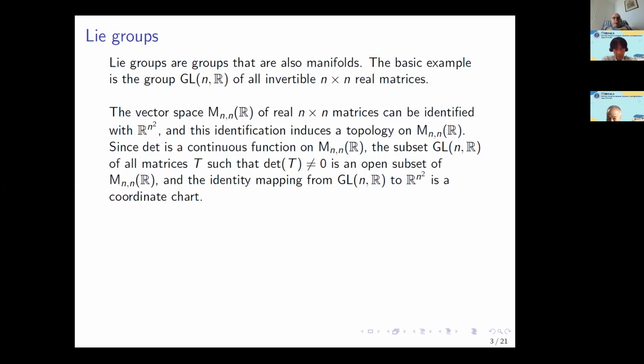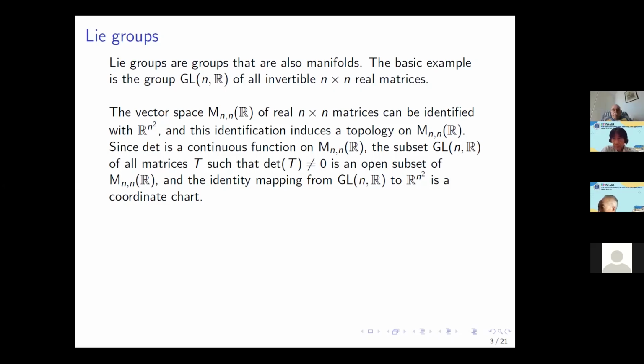And this means that this set of matrices whose determinant is not zero is an open subset. This is exactly GL_n(R), the invertible matrices. And the natural identity mapping from GL_n(R) to R^(n squared) is a coordinate chart. So this makes it into a manifold. So it's a group and a manifold.